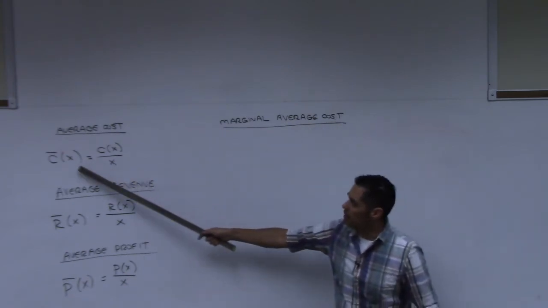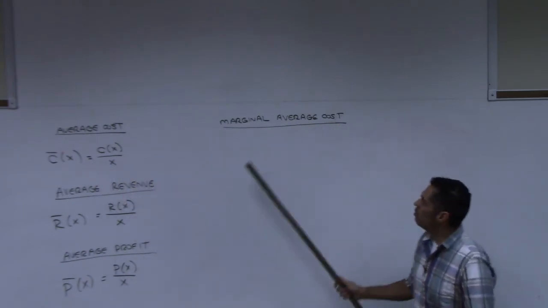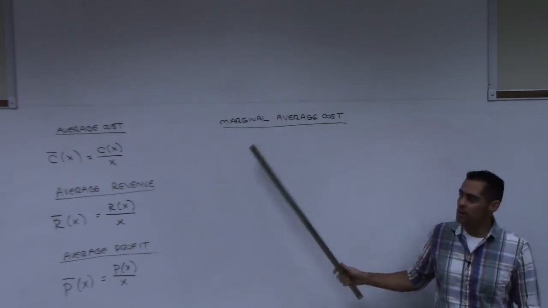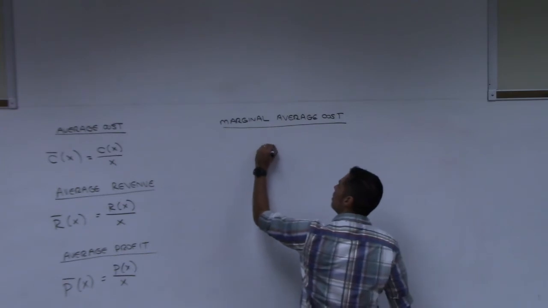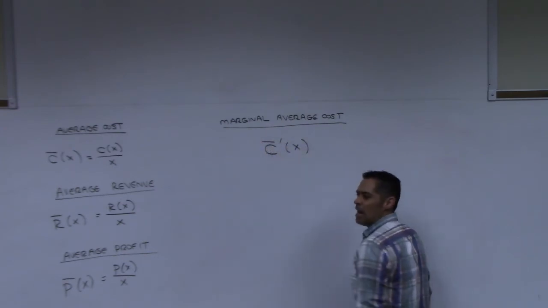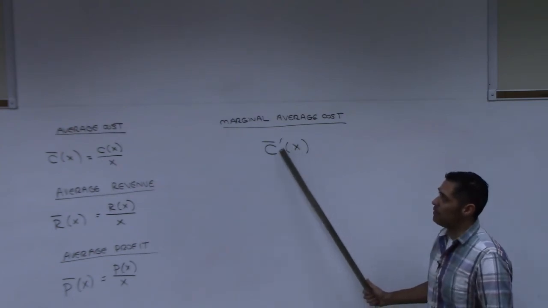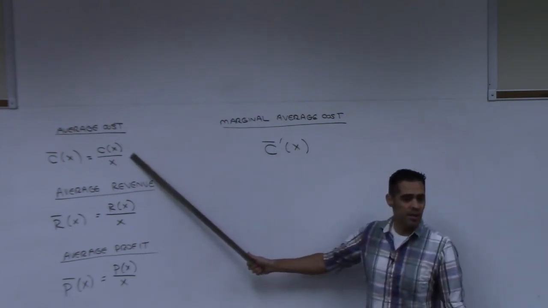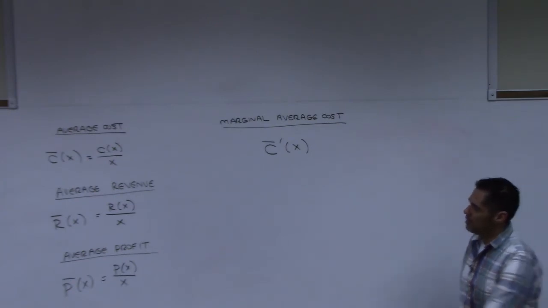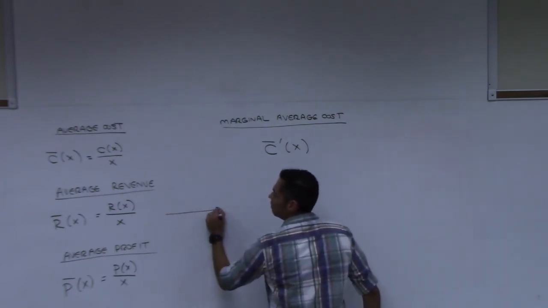That's it right there, right? Do you know what marginal means? The derivative, right? So this is C bar prime of X. So we actually have to be able to take the derivative of whatever this is in order to find the marginal average cost. And then these follow the same way.